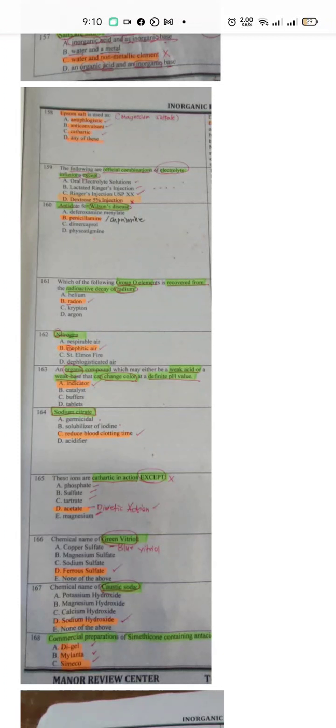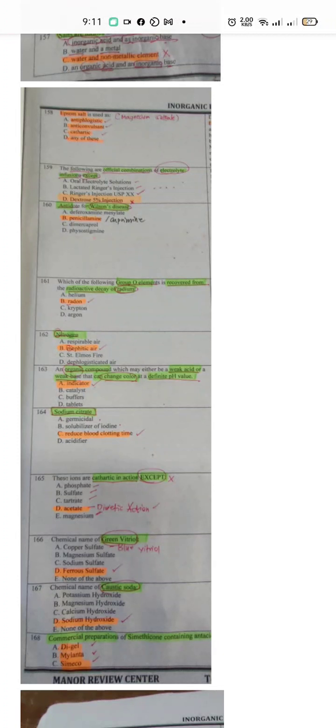Number 160, antidote for Wilson's disease is penicillamine. So, penicillamine is the antidote for Wilson's disease. Other term for your penicillamine is your cuprimine. It is also known as your cuprimine.